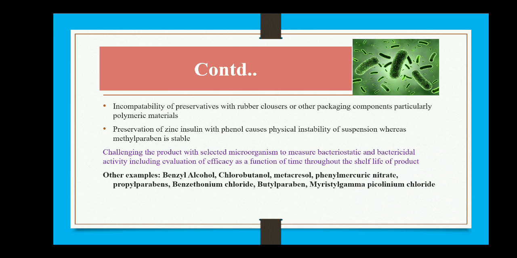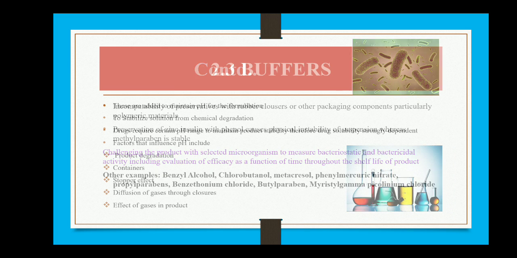Therefore, the product is challenged with a selected microorganism to measure bacteriostatic and bactericidal activity, including evaluation of efficacy as a function of time throughout the shelf life of the product. Examples include benzyl alcohol, chlorobutanol, metacresol, phenyl mercuric nitrate and so on.